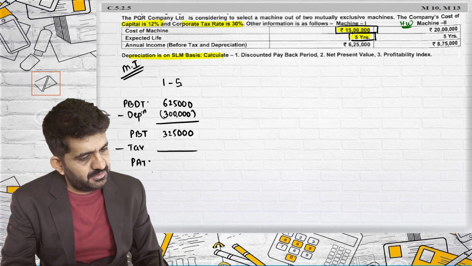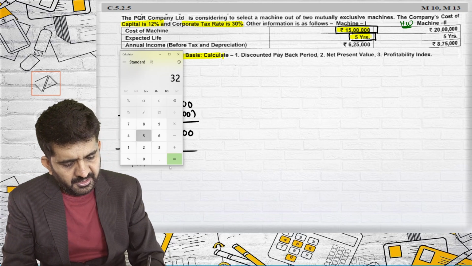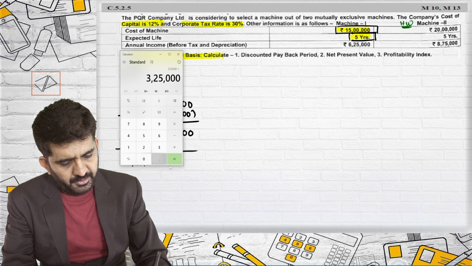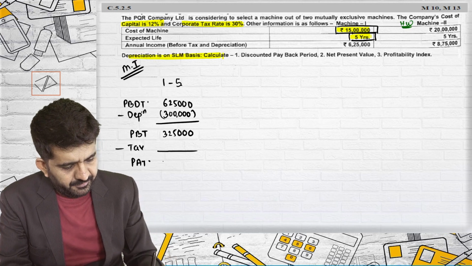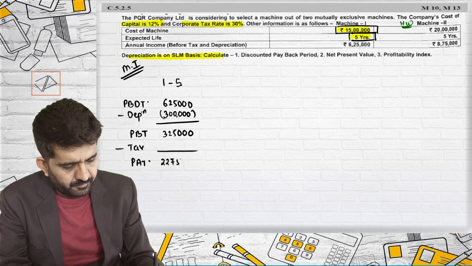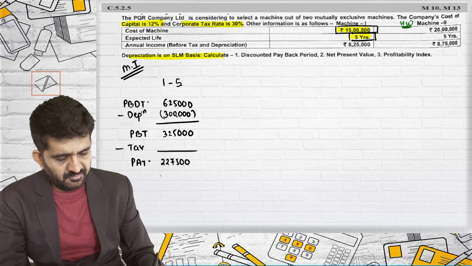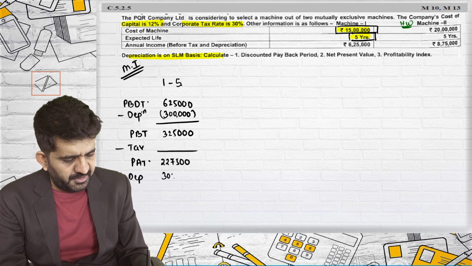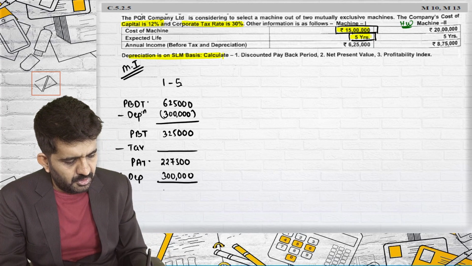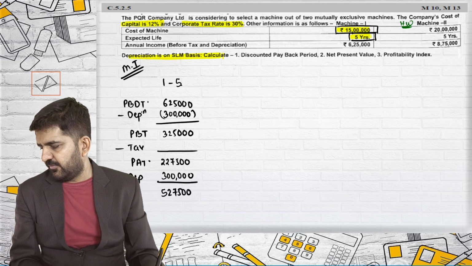Tax rate is 30%, so profit after tax will be 70%. 3,25,000 into 70% is 2,27,500. This is profit after tax plus depreciation of 3 lakhs, so it is 5,27,500.